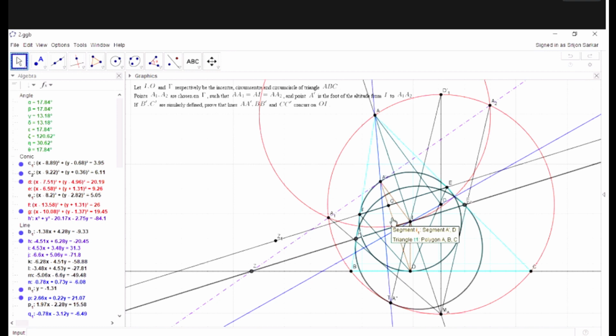So you get 90. I'm holding the mouse and not marking points. This will be 90, and this will be 90 as well, right? So now they're parallel. A dash D and AI are parallel, right? Okay, this is done. What else used?